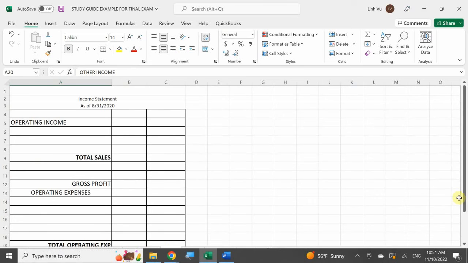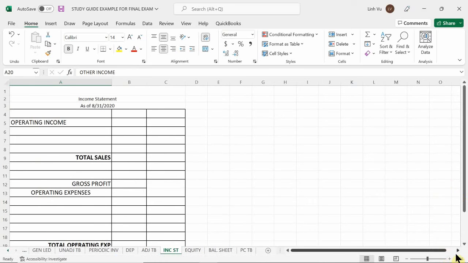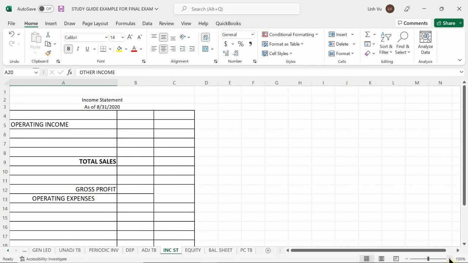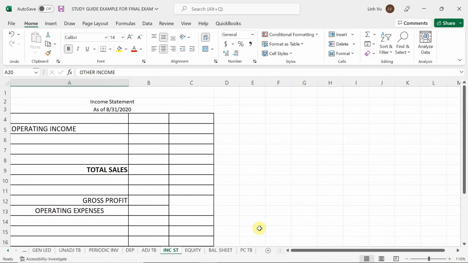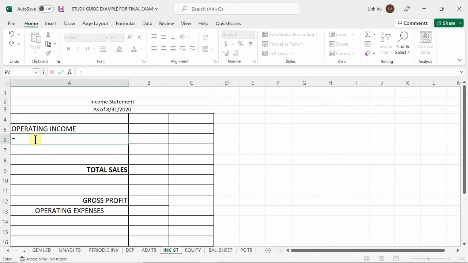So I'm on step 8 now. Now, what is included in my income statement? All of your operating income. What is an example of operating income? Sales, right?